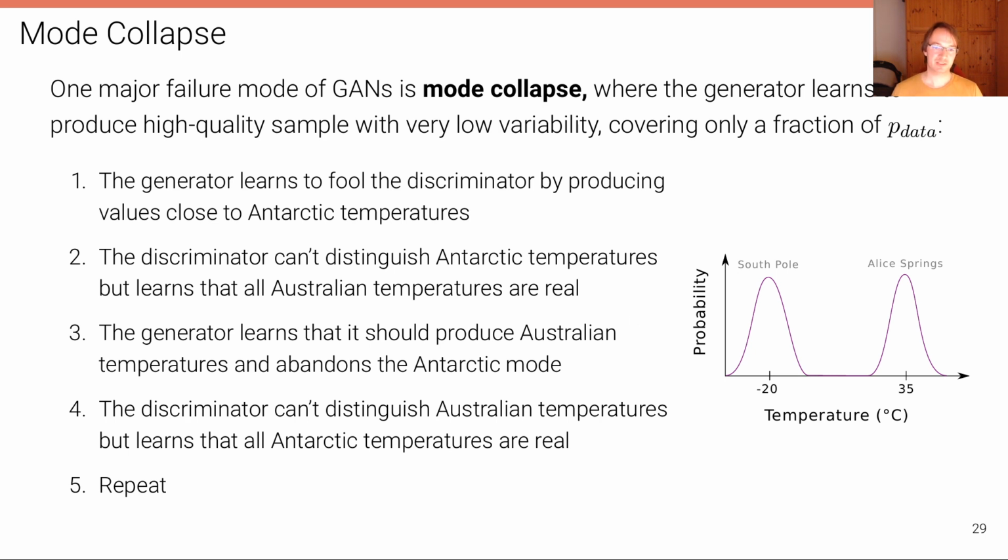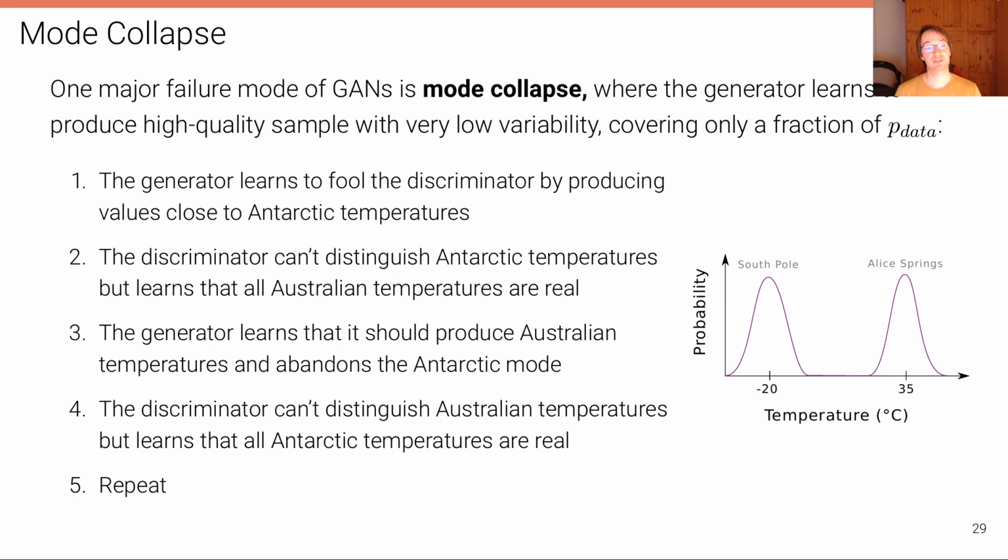The discriminator can't distinguish these Antarctic temperatures, but learns now, because the generator has focused on that mode, that all the Australian temperatures must be real, right?